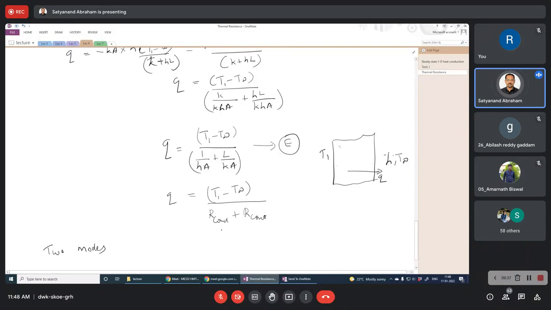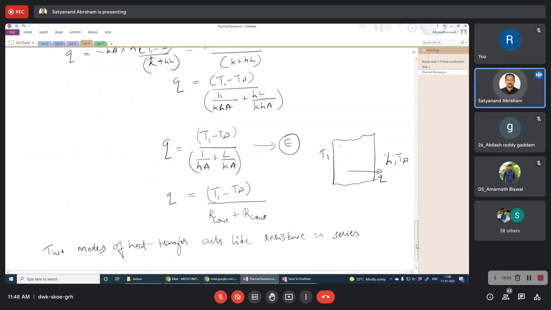What are the two modes? Conduction and convection, two modes of heat transfer. How can we write it? It is acting like resistances in series. So two modes of heat transfer act like resistance in series.